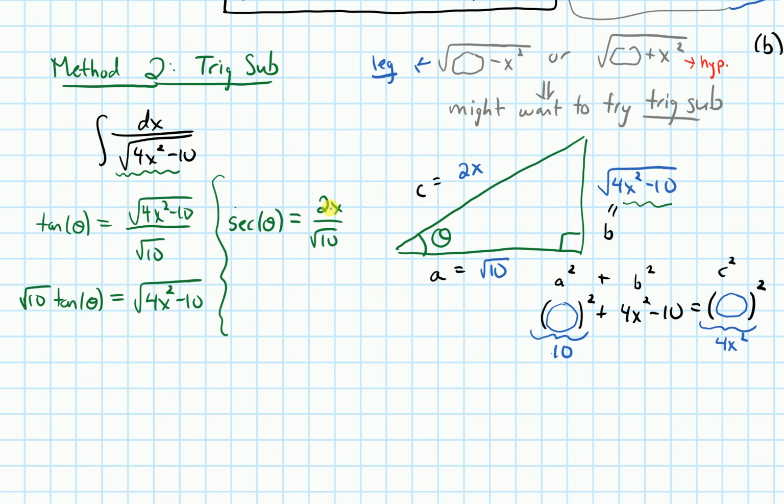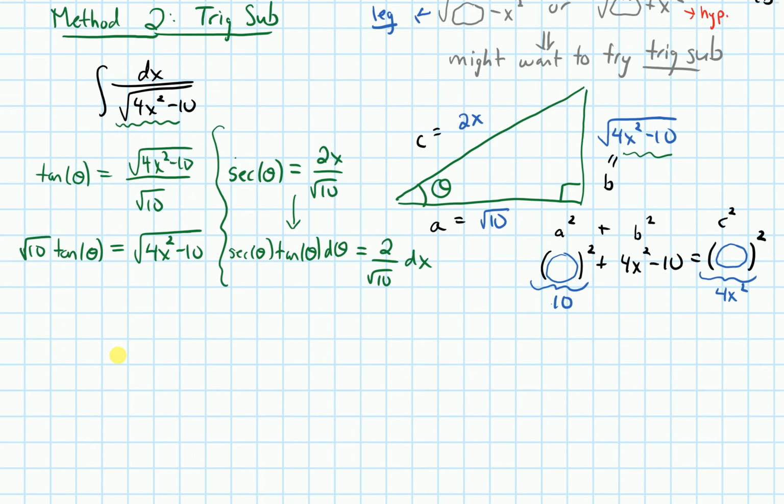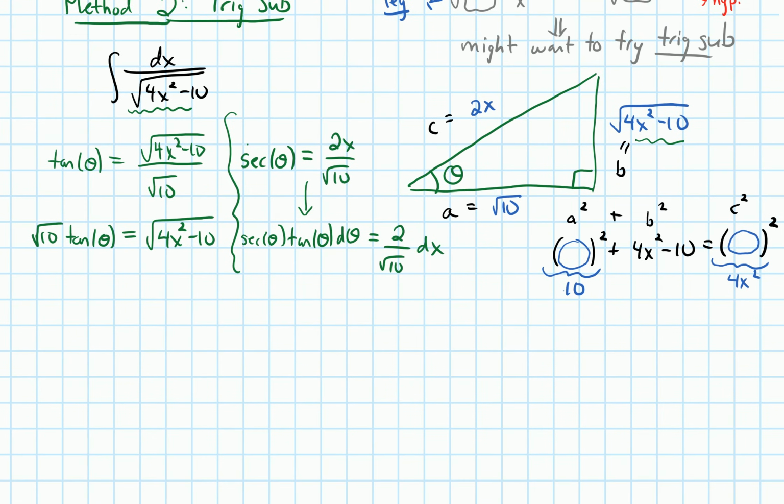And then having this x in the numerator in particular is really nice in terms of what the derivative would be. So now if we take the derivative of both sides, we'd get secant theta, tangent theta, d theta on the left. And on the right, that derivative would be 2 over root 10, because that's the constant multiplying the x, and we'd have dx.